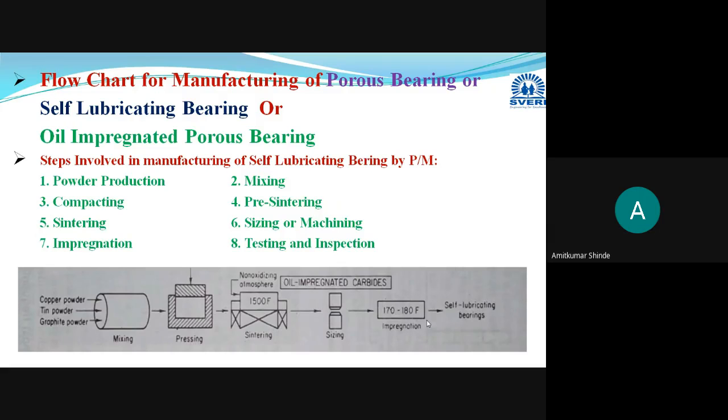Then there are the different bearings which we are using in our automobile sector. Suppose in our vehicles, there are sliding doors and wipers.